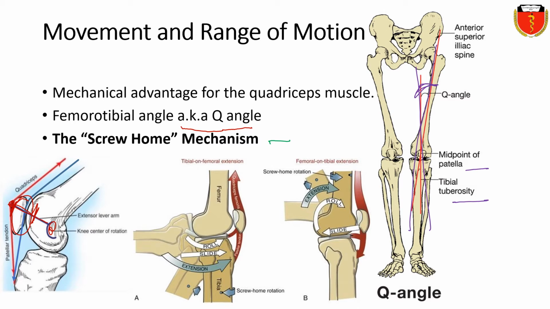In order to unlock this position, the popliteus muscle needs to internally rotate the knee in order to unlock the screw home mechanism and let the knee flex again.